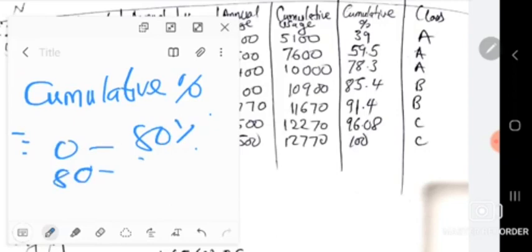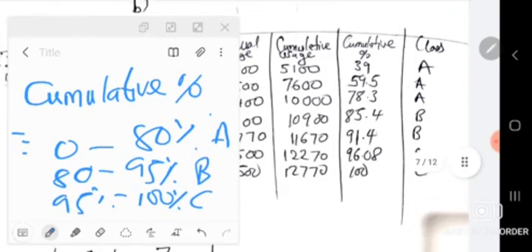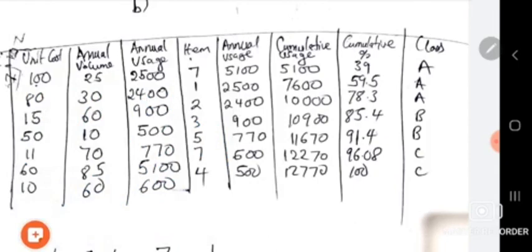Then 80 to 95% is your B. 95% to 100 is your C items. So basically, that's how you classify, and you're done. And this is how the outcome should look. Okay, that's the table. I've shown it to you again so that you can have a look at the overall outcome, and basically that's your ABC.